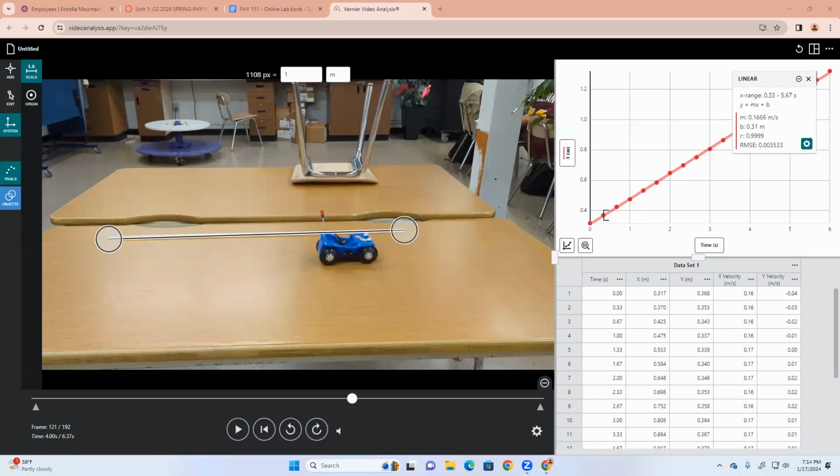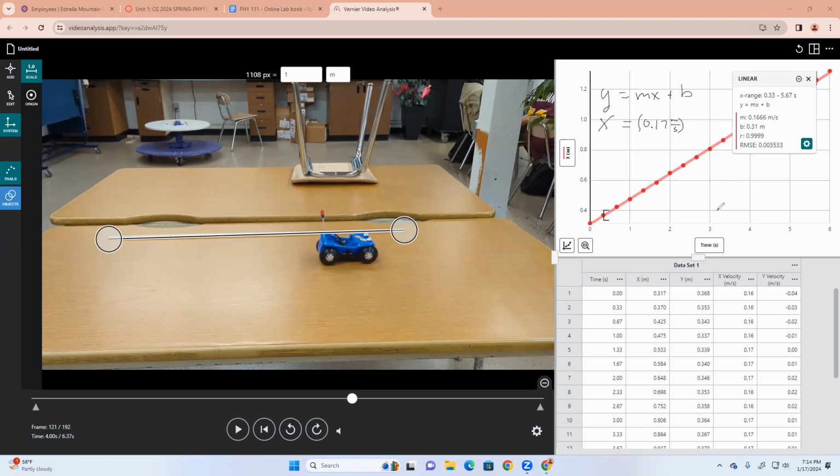And I can see that graph right there is linear. So because of that, I know that y equals mx plus b. Since this was along the x-axis, I'm going to call this x, like that. Our slope is 0.17 meters per second times x.